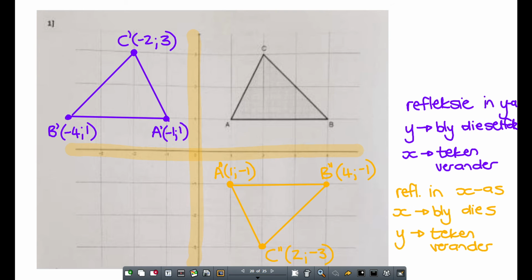Never draw a new diagram without naming the points. Otherwise, I can say this is point A, that's point B, and this is point C. You don't have to write the coordinates, no, but you have to name the points. Okay. You guys good with that?